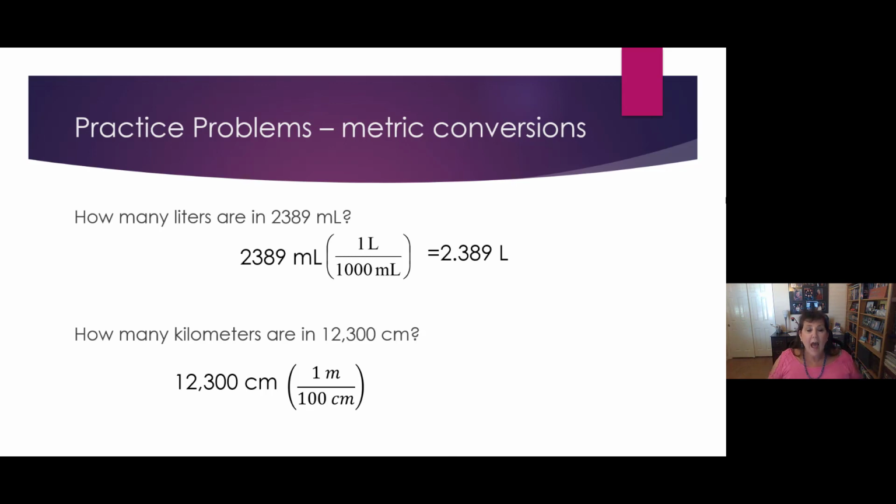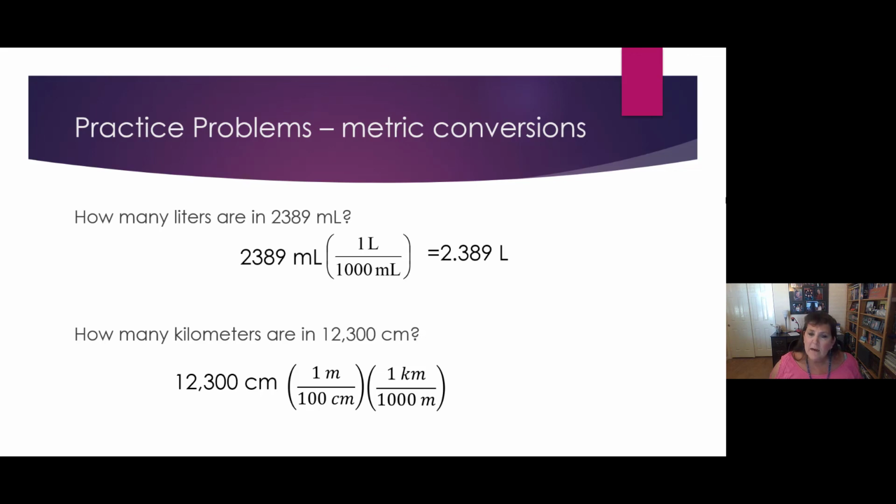So we've got 1,000 meters per kilometer. But what needs to be on the bottom to cancel out? The meters. So 1,000 meters is on the bottom with 1 kilometer on top. There we go. Meters cancels out top to bottom. We've got kilometers now. Is that the answer? Yes, it is.